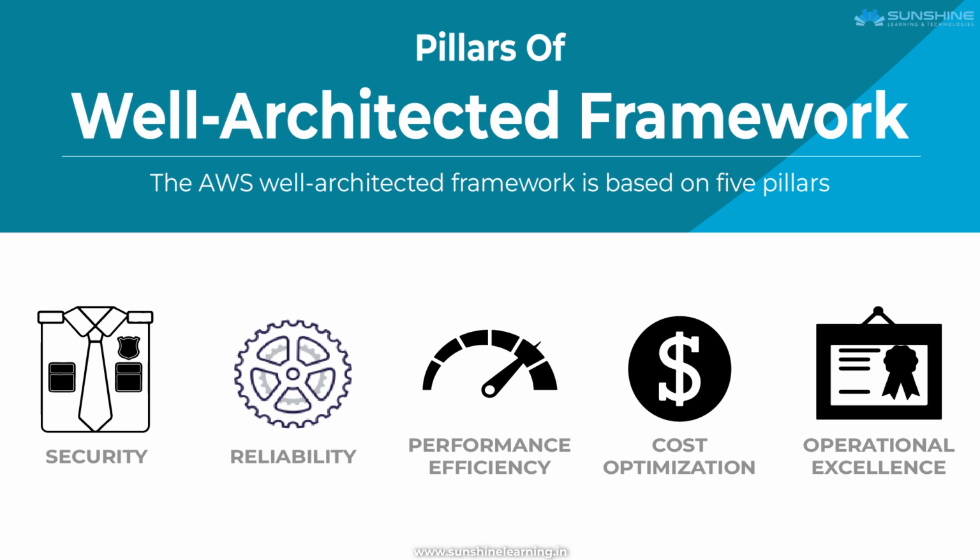It should be reliable: in case of any downtime or failure, it should be able to switch to another environment or another application. It should be performance efficient: for whatever resources you create, you need to ensure that you have designed or selected the proper capacity of those resources. And apart from that, we need to do cost optimization wherever possible.